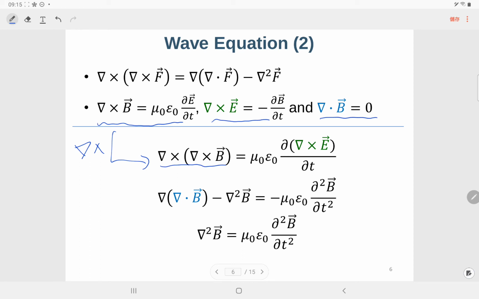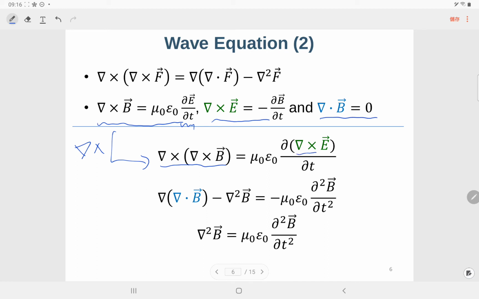And then we exchange the order of the time derivative and the space derivative, so we just plug this in.